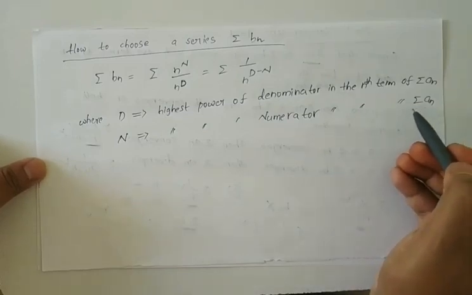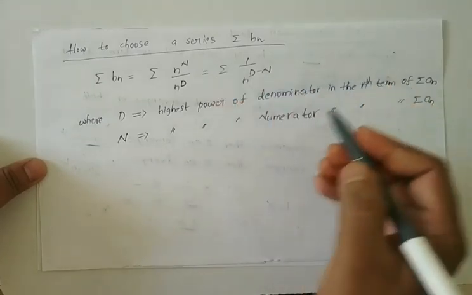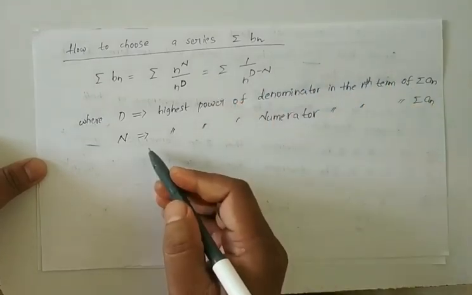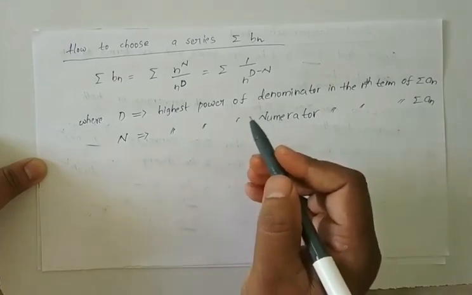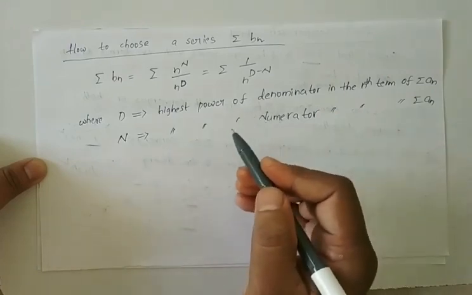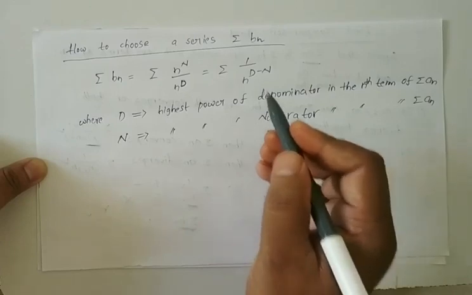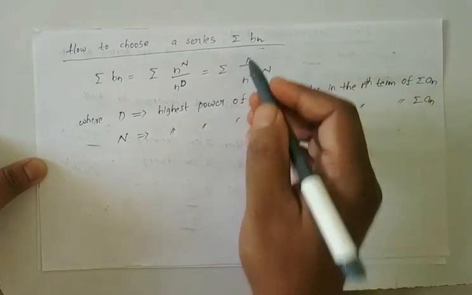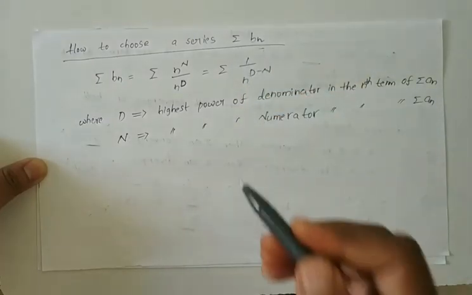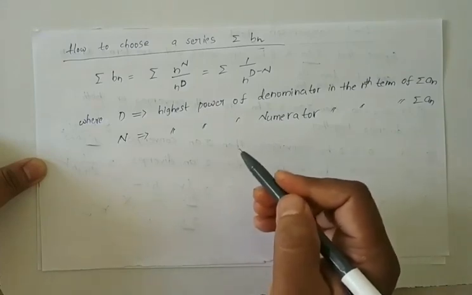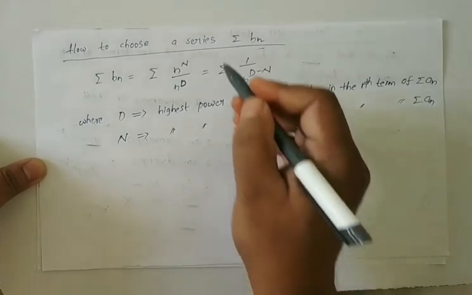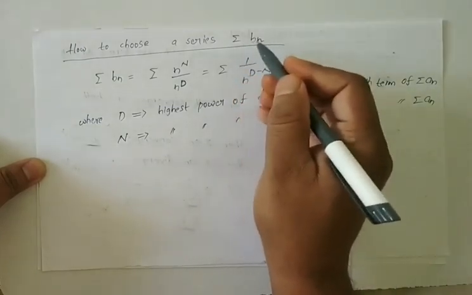If summation an is the given series and it contains powers of n only, then we can find summation bn.